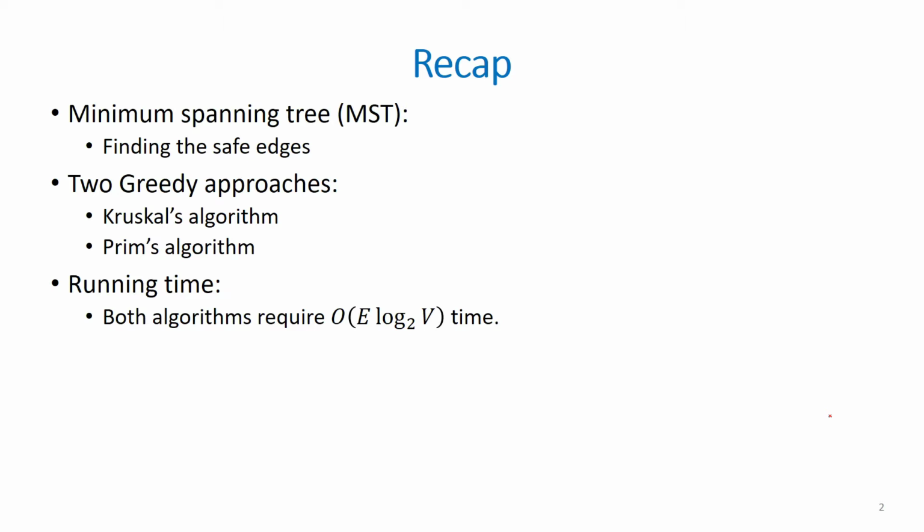We studied minimum spanning trees, or MST, and saw that for the spanning tree to grow gradually, we needed to determine a safe edge in each step that respects the cut. Based on this concept, we saw two simple algorithms, namely Kruskal's algorithm and Prim's algorithm.